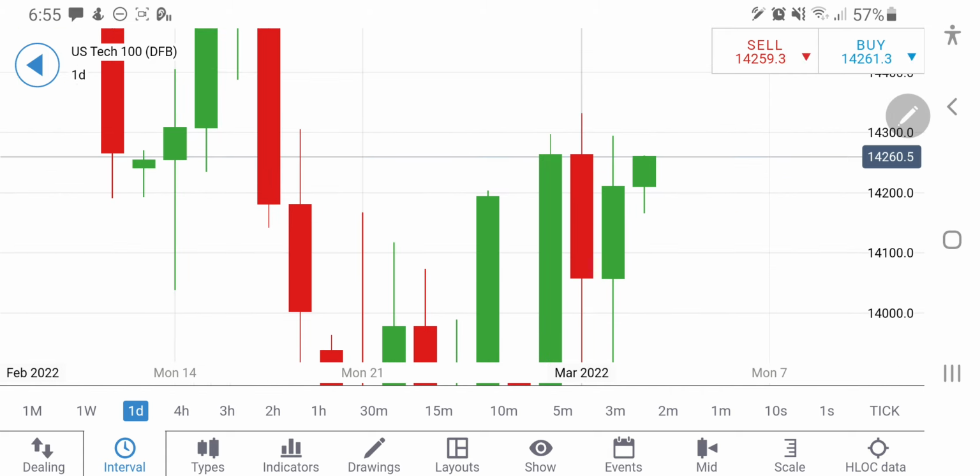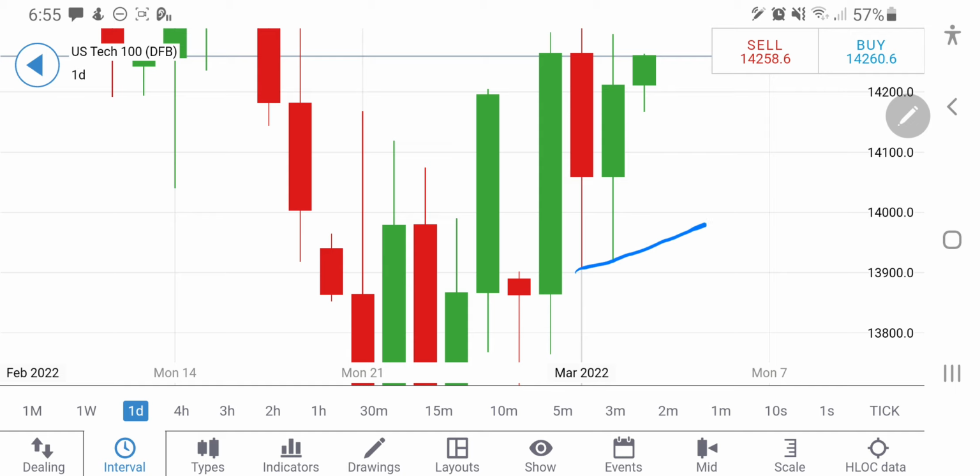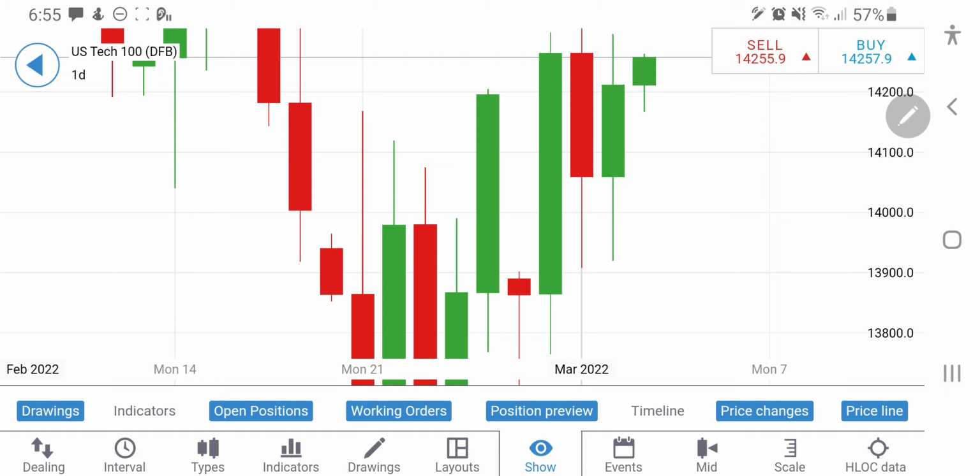Also, another probability is that it can try to hit this zone at 14300 and then drop. So this will be almost like a triple top formation, and then from there it can try to drop again, taking it towards here at 13950 levels and forming higher lows again. So triple top, higher lows, it may consolidate within these levels before trying to decide the direction for the day.